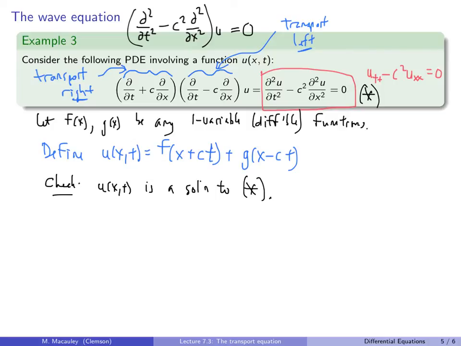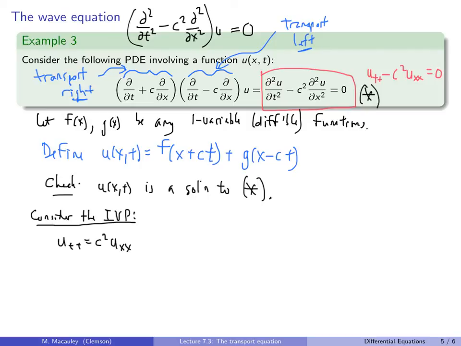Okay, so now I'm going to write an initial value problem. So consider the following initial value problem. Here's u_tt equals c squared u_xx. So this is the wave equation. I guess I haven't called it the wave equation, but it's this PDE up here.